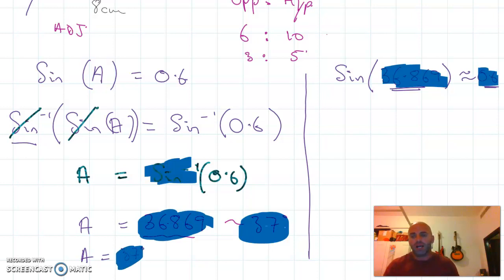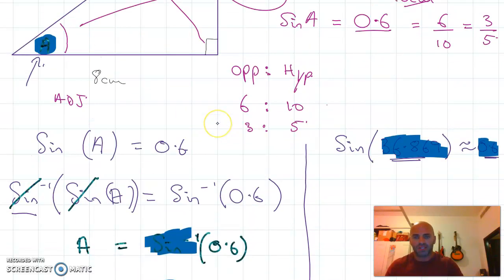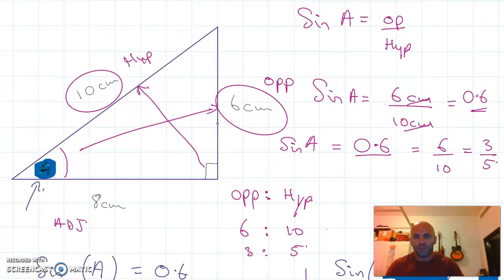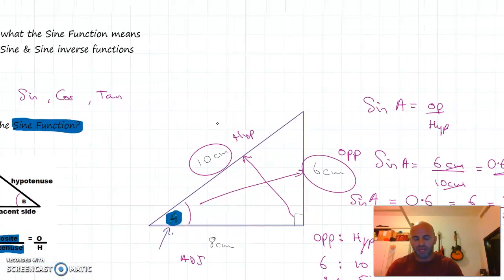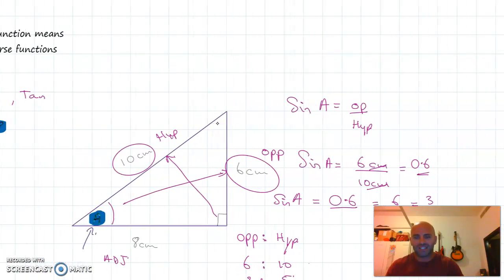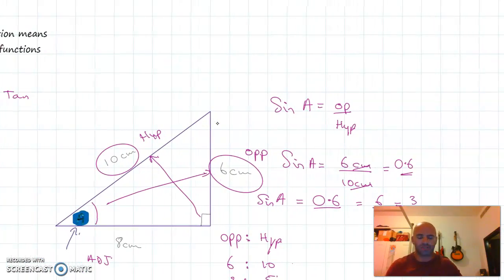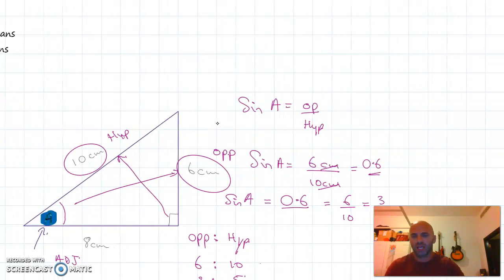Okay, so I do think it's also important to realize that the sine function, I'm just going to zoom out a little bit on this, will work for any size triangle. Okay, so this is a right angle triangle.